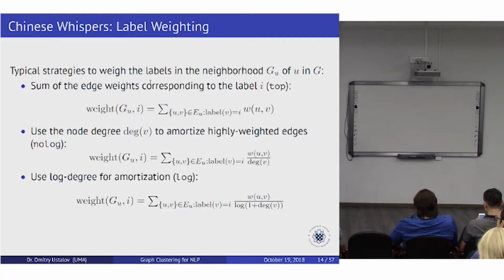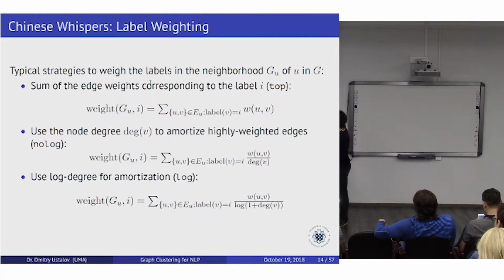The first one they refer to as top, which means given a neighborhood of u and the candidate label i, we assign to this label in this neighborhood a weight equal to the sum of the edge weights of this label in this neighborhood.